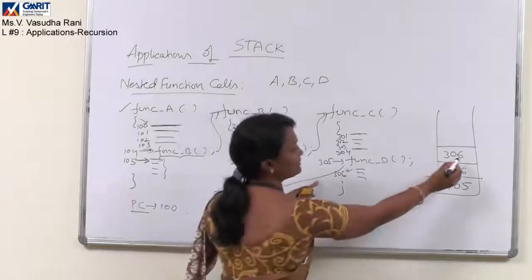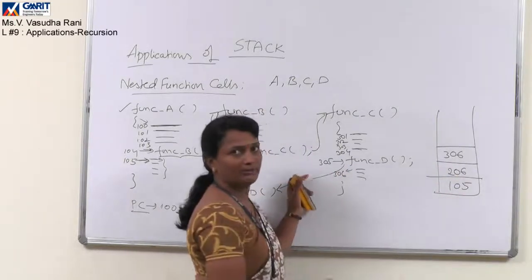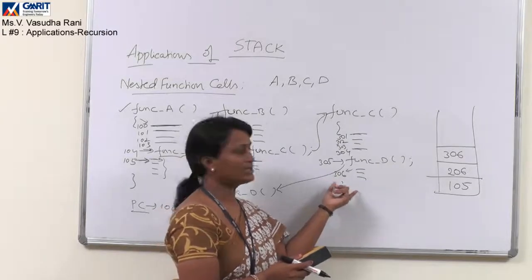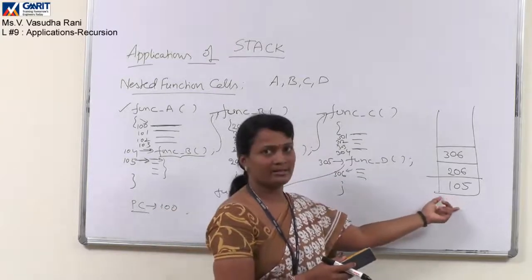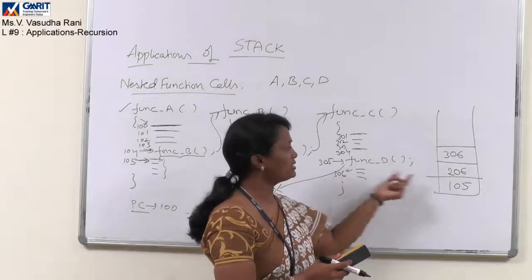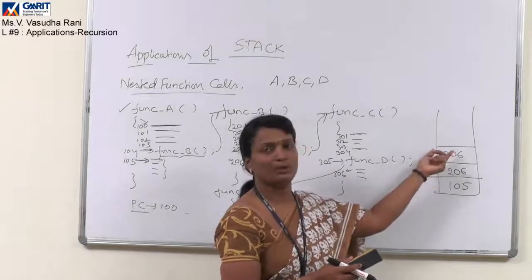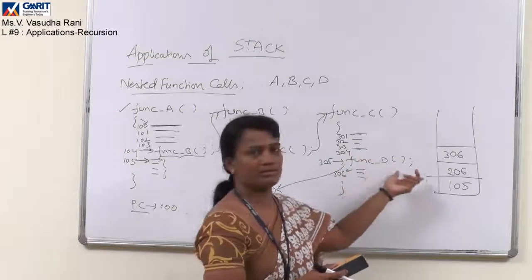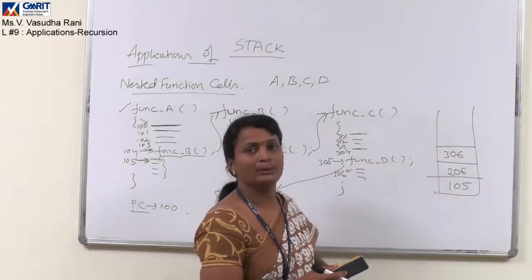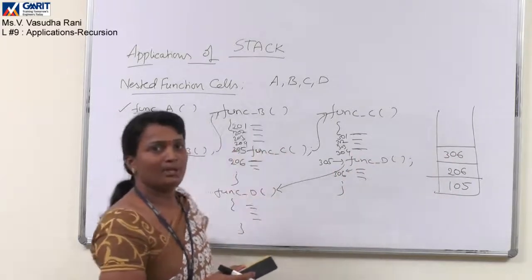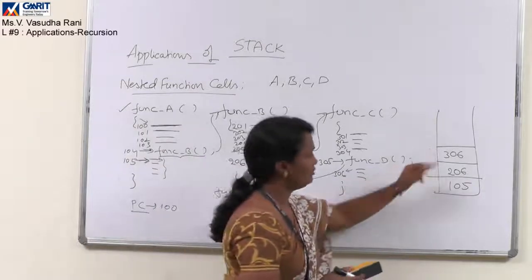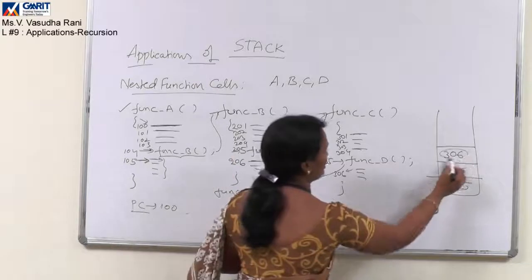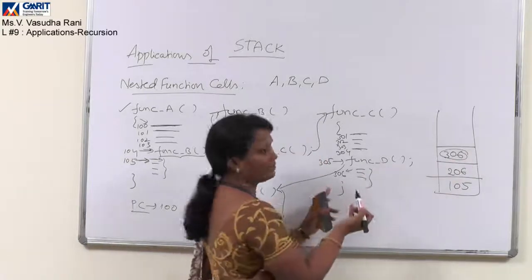So among all these, 306, 206 and 105, in order to refer to 306 first, obviously here we have to use a stack data structure so that 306 is available on the top. The latest function call's address we have to store on the top to be referred to immediately. So this is how it happens. So function D completed, it will refer to 306, it will continue the execution of this.